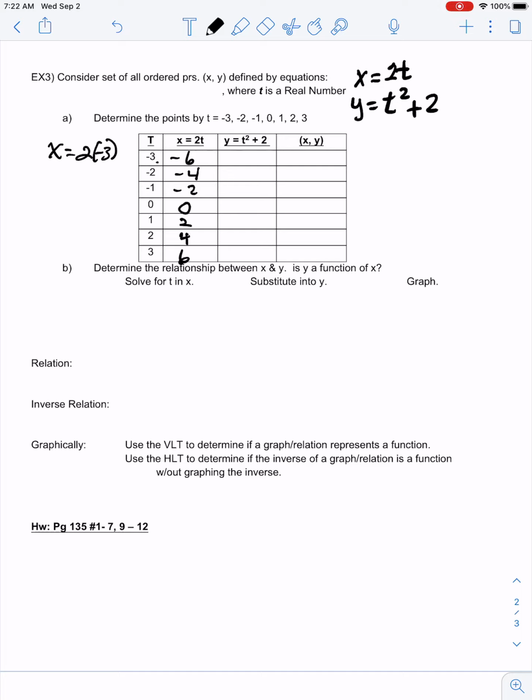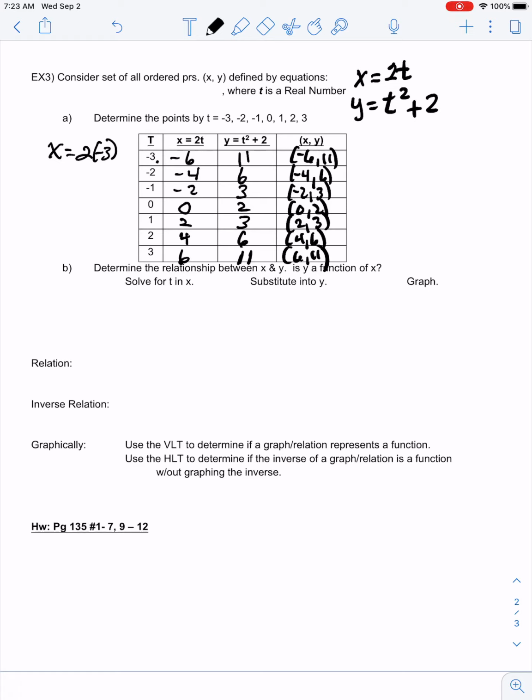All right, then I'm going to substitute the same t's into y, and I get 11, 6, 3, 2, 3, 6, 11. And again, these are then generating our ordered pairs. -4, 6, -2, 3, 0, 2, 2, 3, 4, 6, and 6, 11.